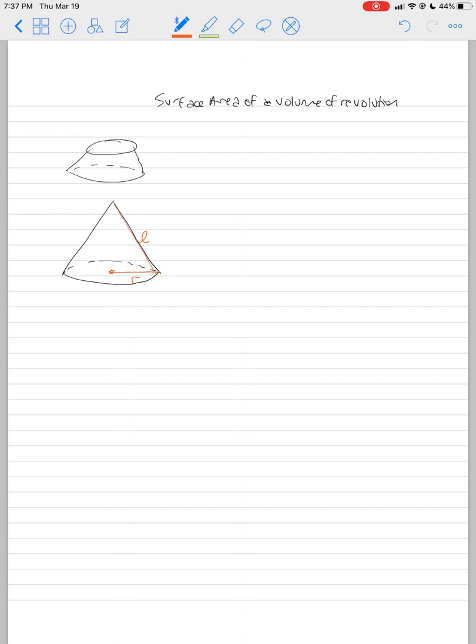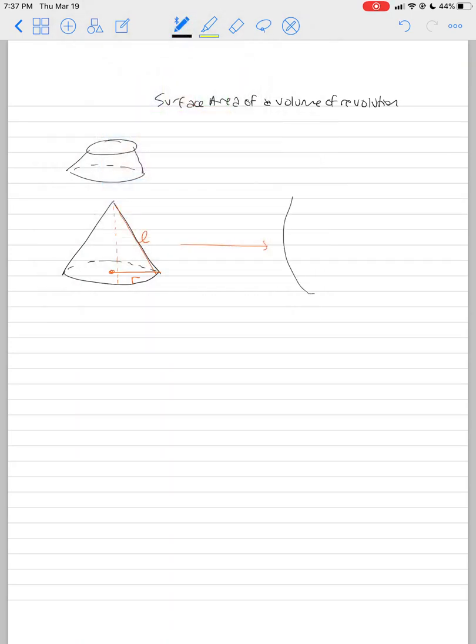Now, have you ever made a cone with paper? We were totally going to do this in class, by the way. How do you make a cone out of paper? A funnel out of paper? You kind of roll it up at an angle, right? So imagine if I were to cut straight down one side of this cone and unroll it, what shape would I get?